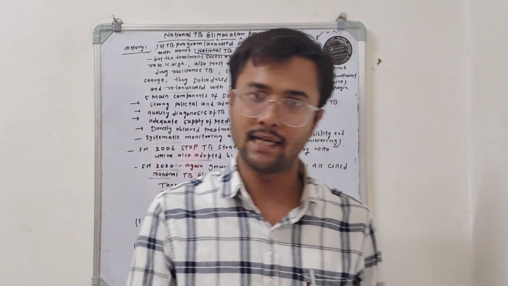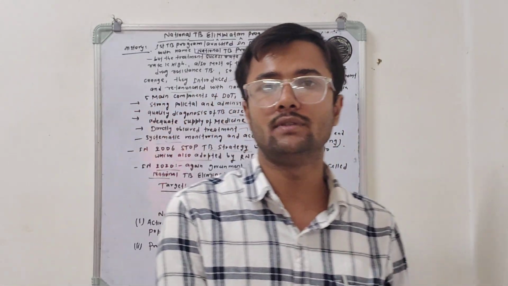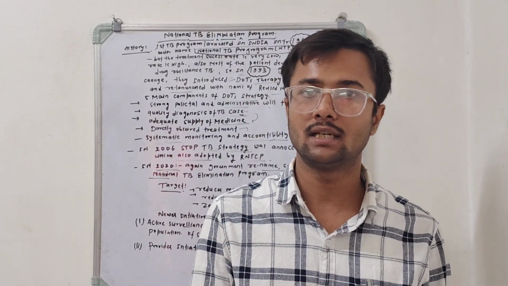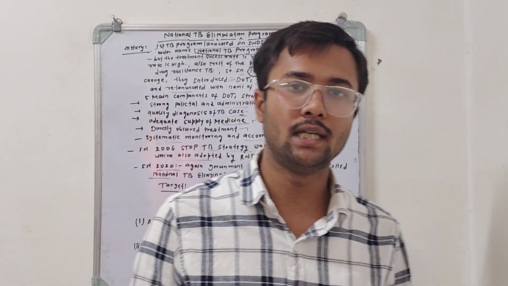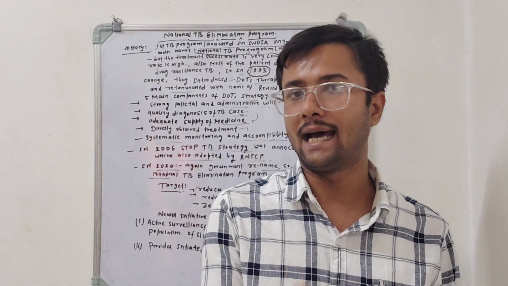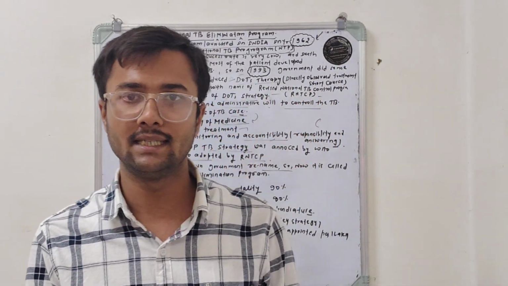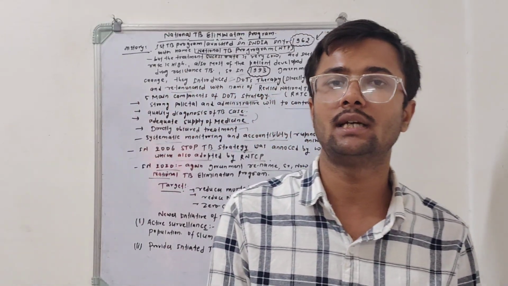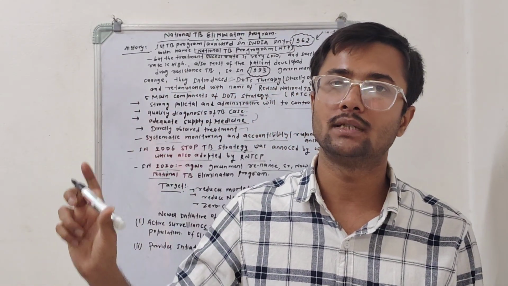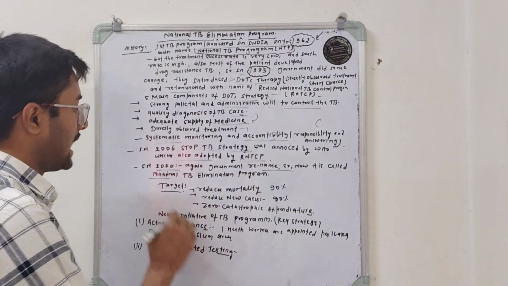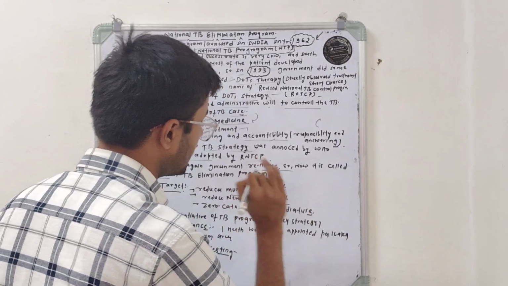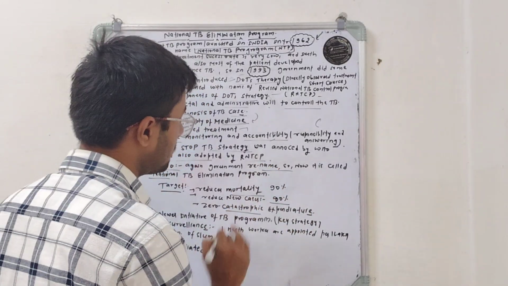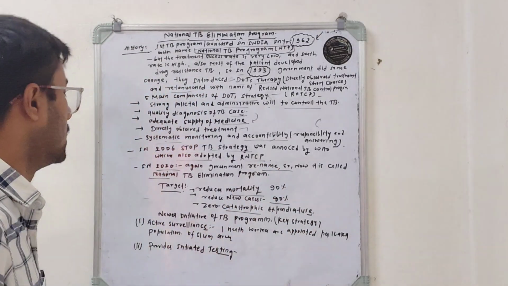Its target is to reduce mortality of TB patients by 90%, new cases by 80%, and have zero catastrophic expenditure.